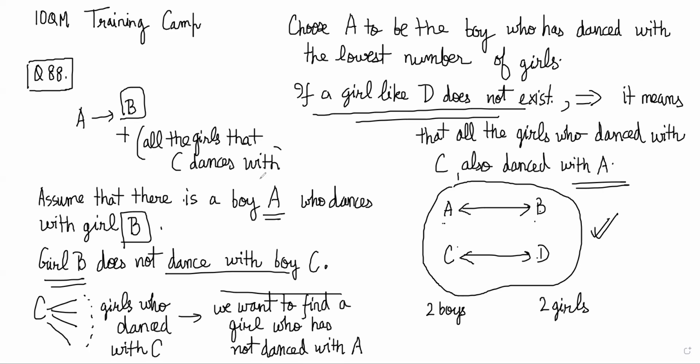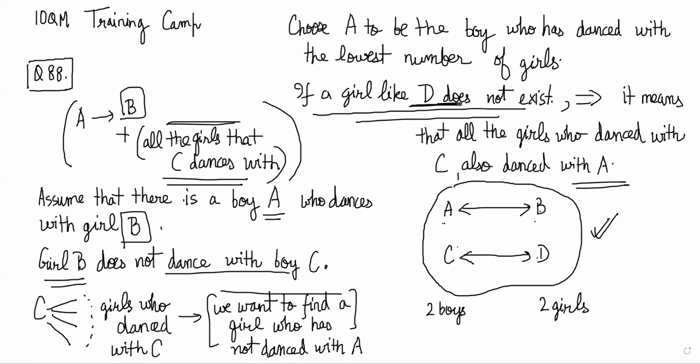Why are we saying that? Because we have assumed that a girl like D does not exist. Girl like D was the girl who dances with C but does not dance with A, right? So since that kind of a girl does not exist, that means all the girls who dance with C also dance with A. And then B, we have already assumed is a girl who dances with A but not with C. So now we are getting that A dances with more girls than C, right? B plus all of the girls that C dances with.